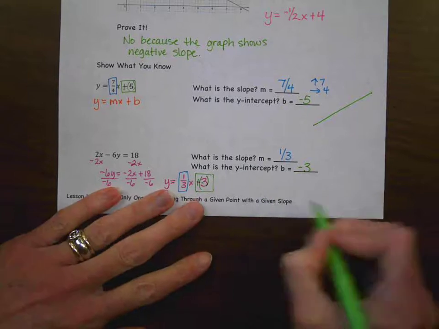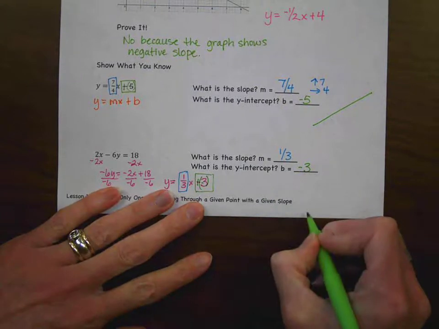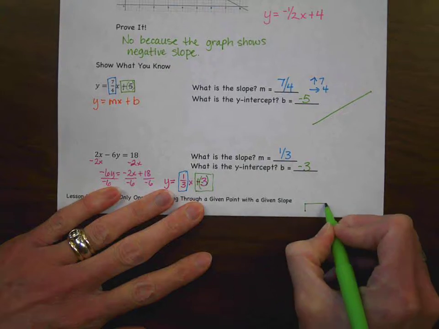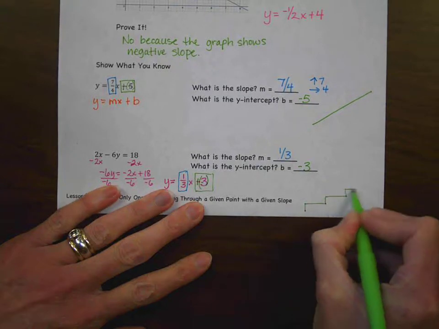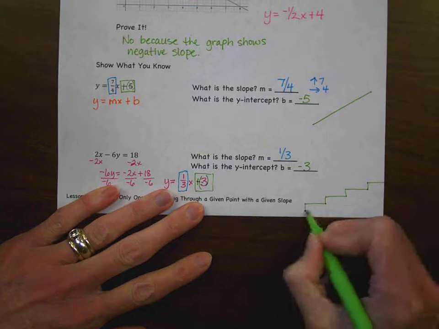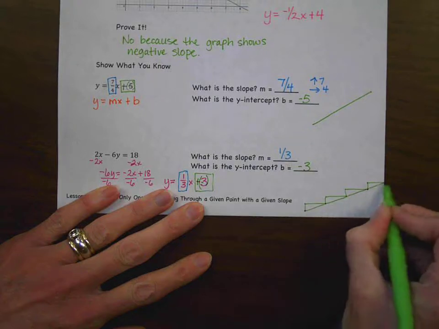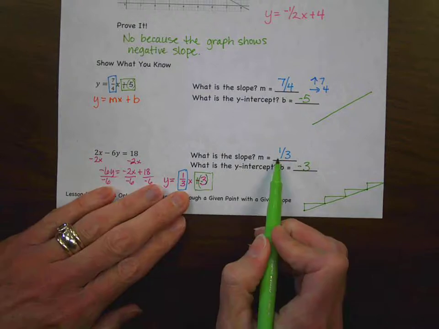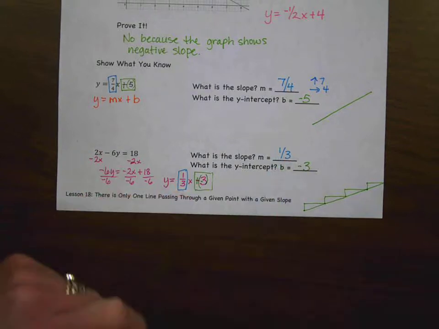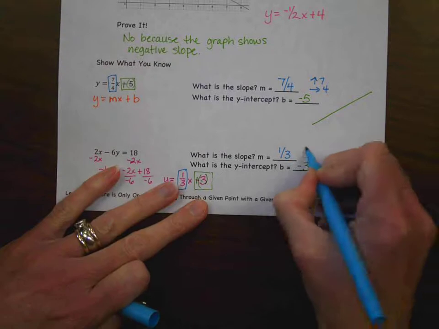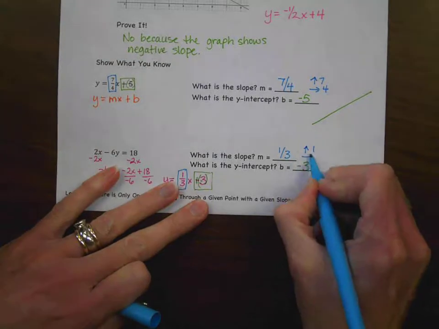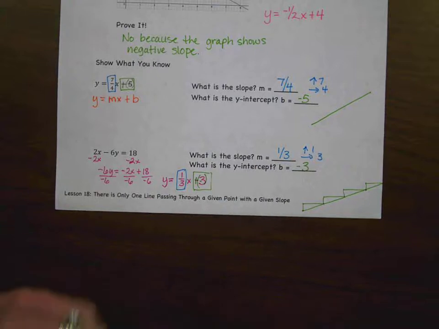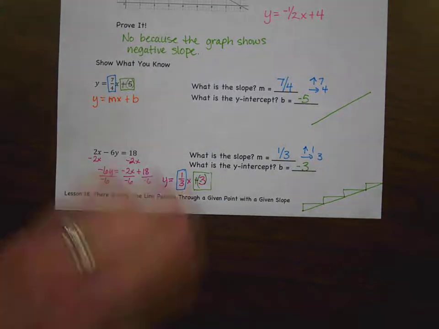Just as a reminder, if we were to graph this, I would go down to 0, -3, and then from there, I would go up 1, to the right 3, up 1, to the right 3. I'm going to have a positive slope because this right here is positive. That slope tells us that we are going up 1 and to the right 3, and that's how we know what the slope is for that line.